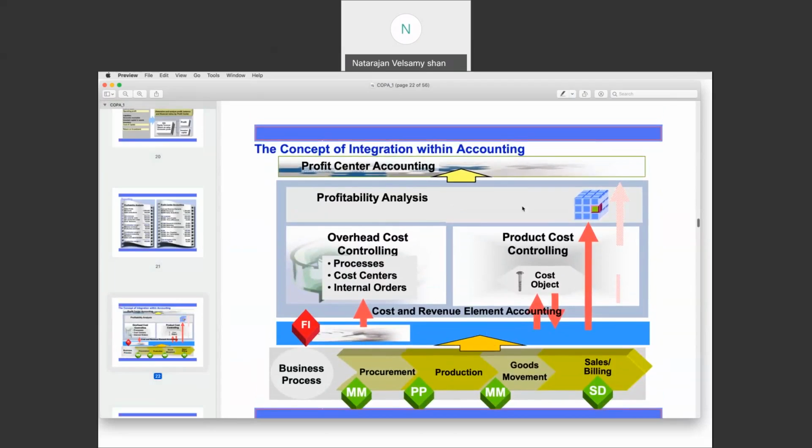Then profit analysis. Whatever cost is captured as overhead cost controlling, any production costs are captured in the cost object in the product cost. Then these are settled to the profit analysis. And there is profit center accounting for all these FI. So this way, this is the integration.